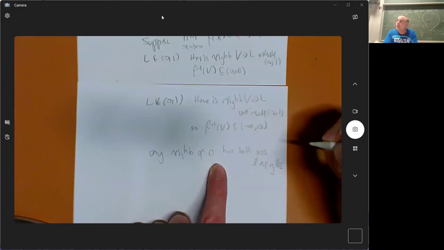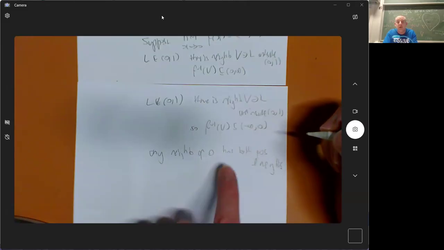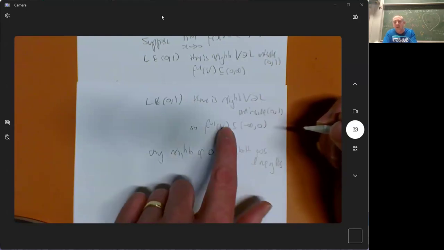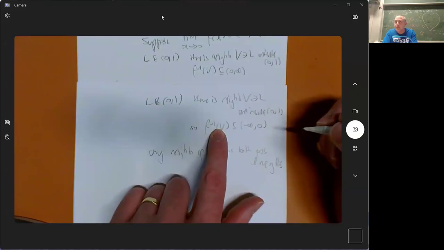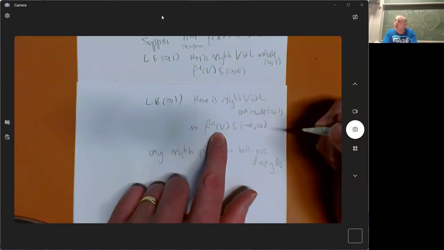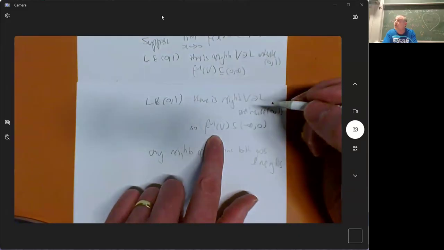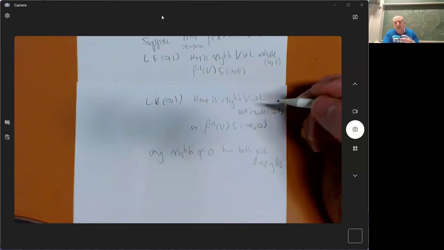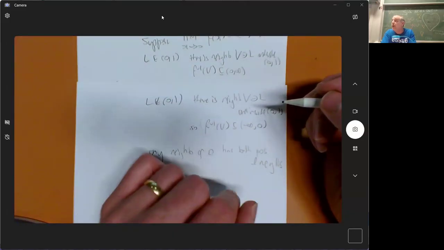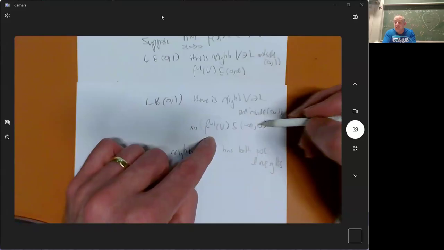Yep, it's true. Any neighbourhood of 0 has both positive and negative numbers, because that's an open set, right? Like if it was continuous, there would be a neighbourhood U inside one of those that contains 0. But these sets don't contain 0.